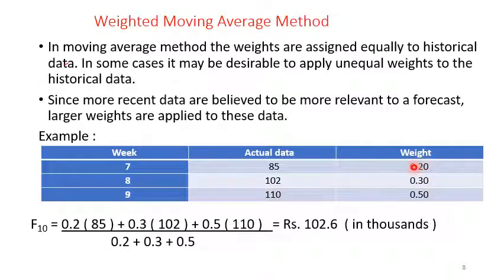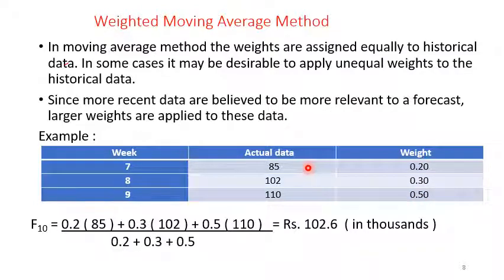So here, if I have to find out a 3-week weighted moving average, I do 0.2 into 85 plus 0.3 into 102 plus 0.5 into 110, divided by 0.2 plus 0.3 plus 0.5, which will give me 102.6 in thousands. Correct? So this is an improvement over the moving average method. In moving average, all these weights were 1.